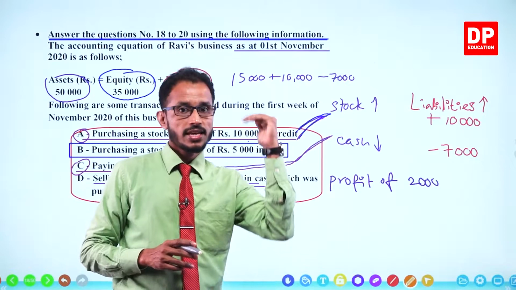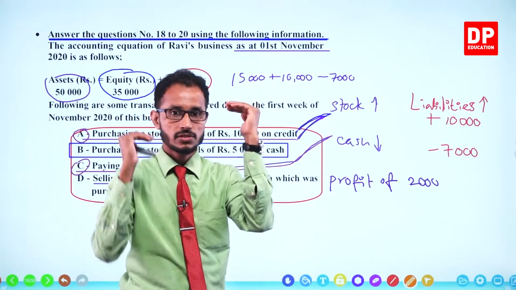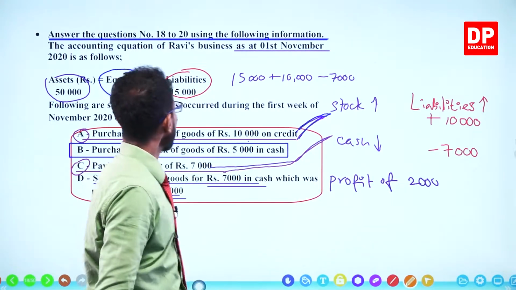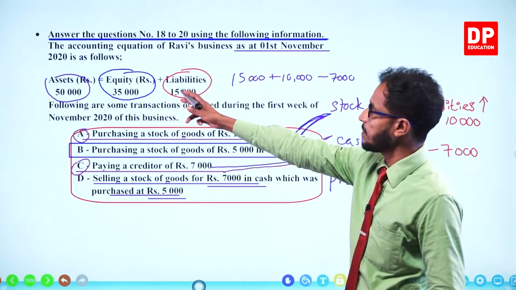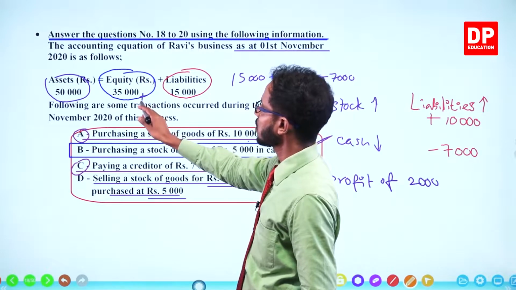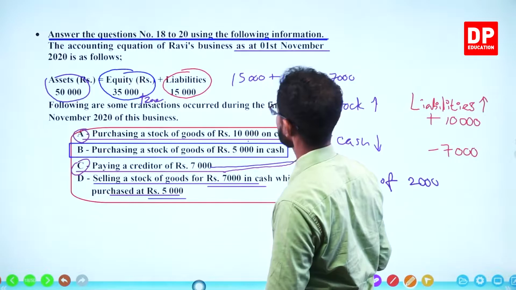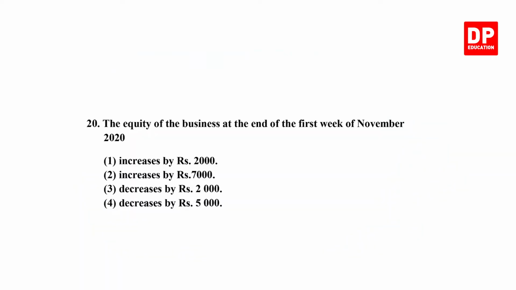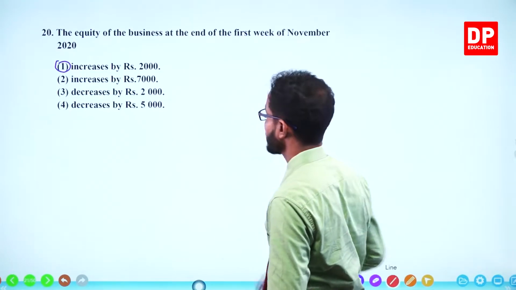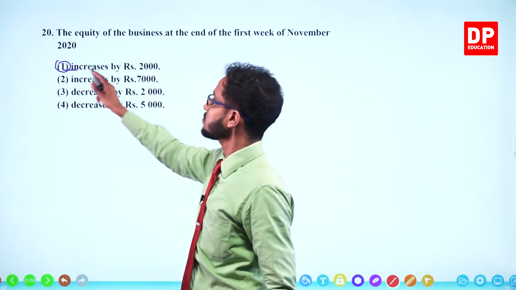Profit increases equity. Losses decrease equity. That's how it works, right? We have an equity of 35,000 in the beginning. 35,000 plus 2,000 is 37,000. When it is added to the opening capital, it becomes 37,000. Increase by 2,000.